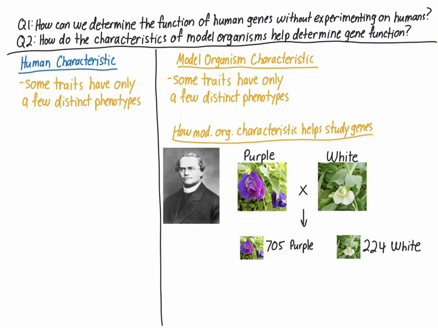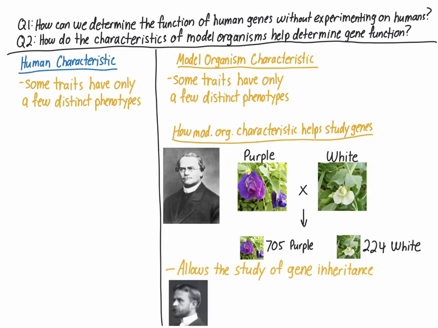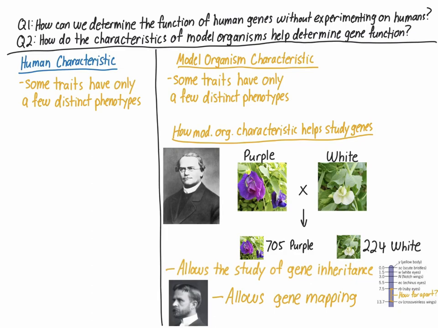These easily distinguishable phenotypes in model organisms allow us to, as Mendel did, study the inheritance of genes. This would have been difficult if the difference between purple and white was not so obvious. This also helped Morgan, of fruitfly fame, carry out gene mapping for the same reason.